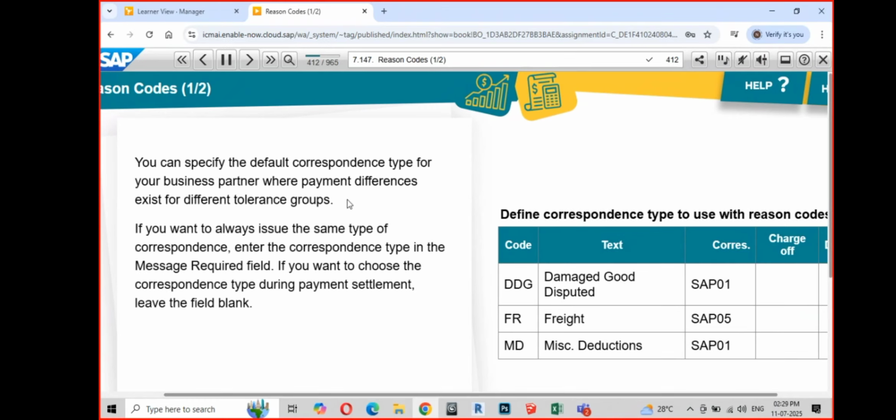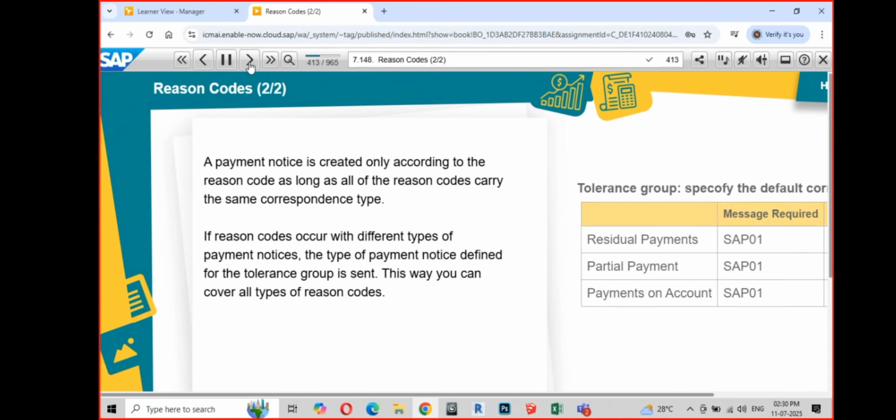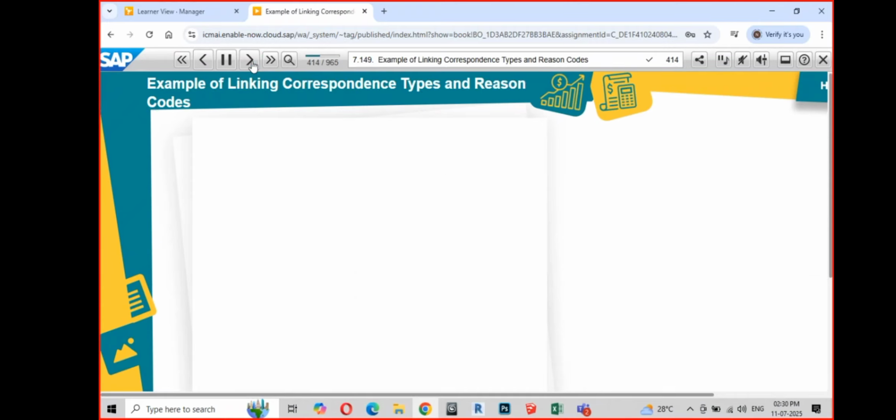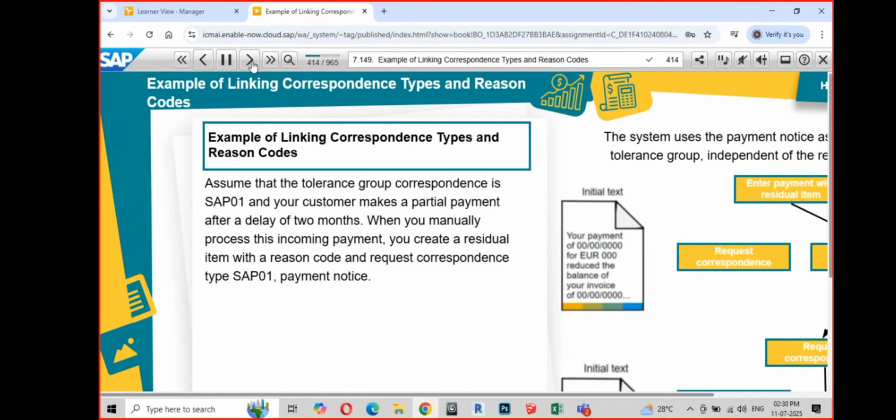You will definitely take some time to understand all this, but your understanding need not be in such depth. Just have a feel of what SAP can do. If somebody asks you, can you give me a few examples of what is correspondence in SAP? You know what answers to give, right?